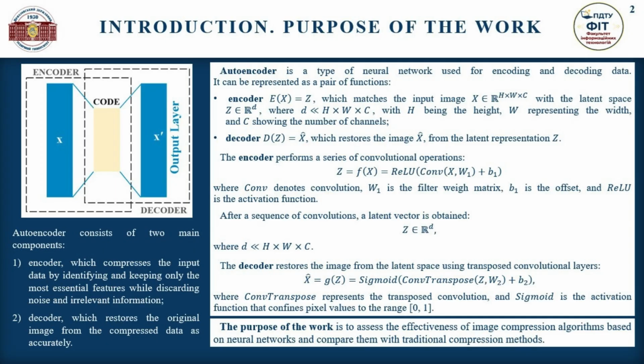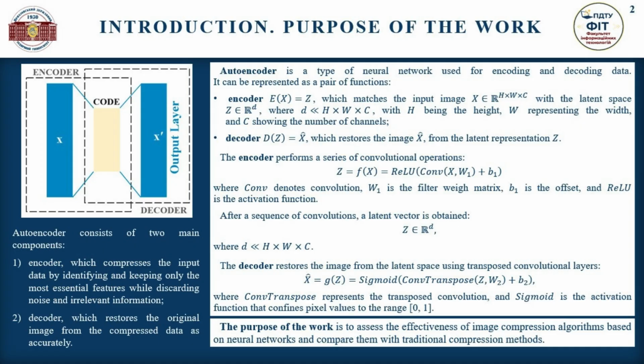The encoder performs a series of convolutional operations. After a sequence of convolutions, a latent vector is obtained. The decoder restores the image from the latent space using transposed convolutional layers. The model described outlines the functioning of the autoencoder and illustrates how the neural network encodes and restores the image through the latent space.